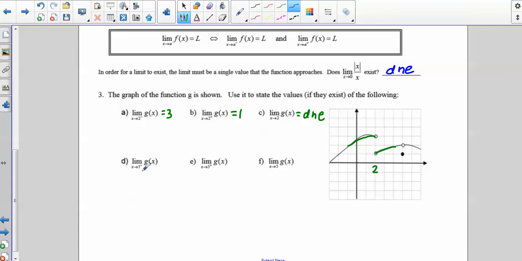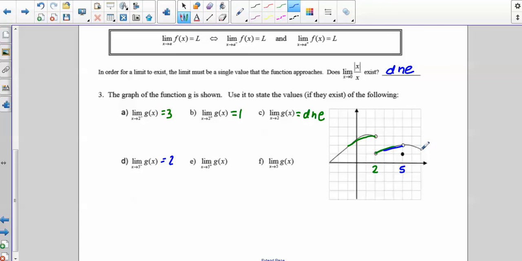Okay, now let's look at 5. So 5 is down here, right here. The limit of g of x as x approaches 5 from the left. So here's 5, go to the left of 5. We're approaching 5 from the left, and we're approaching this y value, which is 2. The limit of g of x as x approaches 5 from the right.